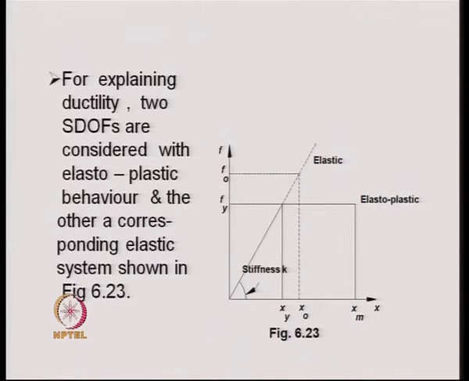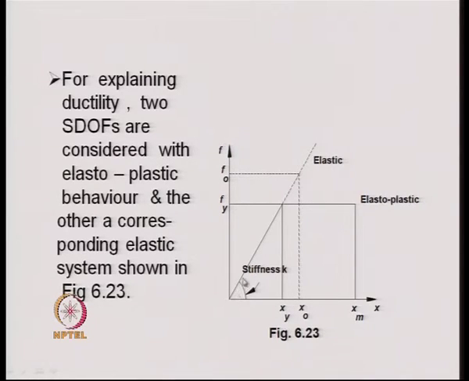For explaining the concept of ductility and understanding the effect of ductility on the structure, we consider two single degree of freedom systems. One is an elastoplastic system, the other is a corresponding elastic system. So, that is shown in this figure. This is one system, that is the elastoplastic system.